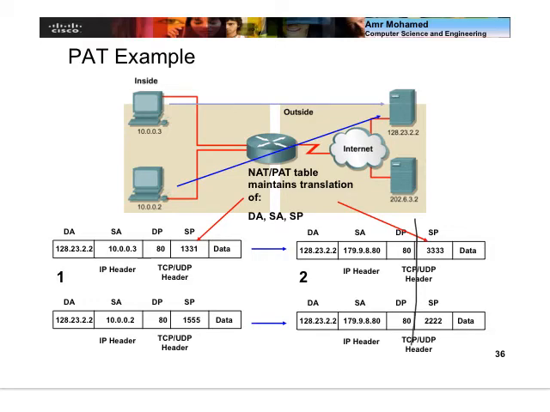It will no longer indicate only the application on the same host. It will indicate this application on this host that originated this packet, right? So it will have two purposes now, okay?